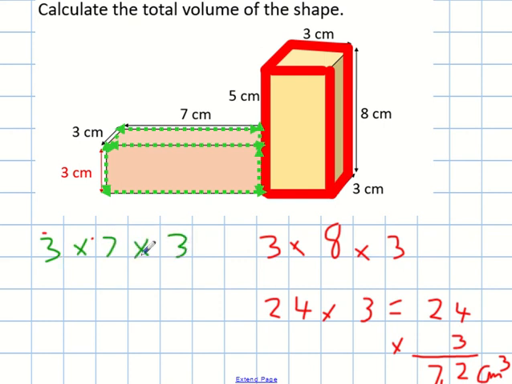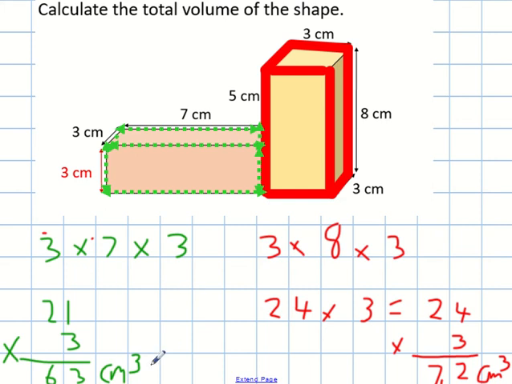So I'm going to do 3 times 7 times 3. And we know that 3 times 7 equals 21. Then I'm going to times 21 by 3. 3 times 1 is 3. 2 times 3 is 6. So 63. So I know that my answer to this cuboid is 63 centimetre cubed.